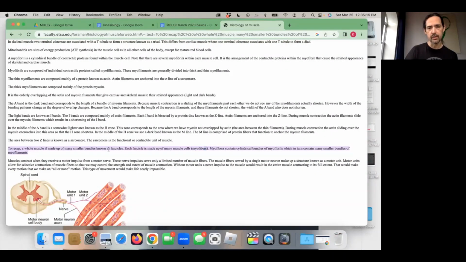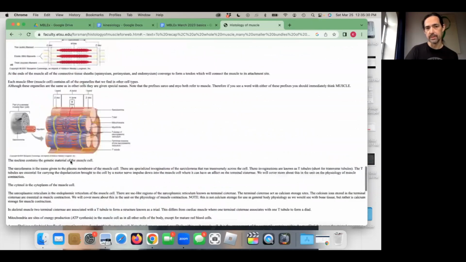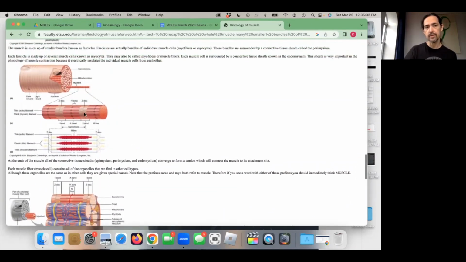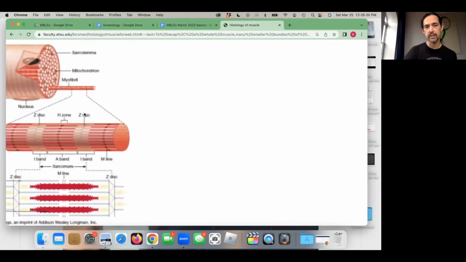Myofibers are inside. So it's a whole muscle, which is made up of fascicles, which are made up of myofibers, and those are made up of myofibrils, which are made up of myofilaments. So let me get this a little larger so you can see it.